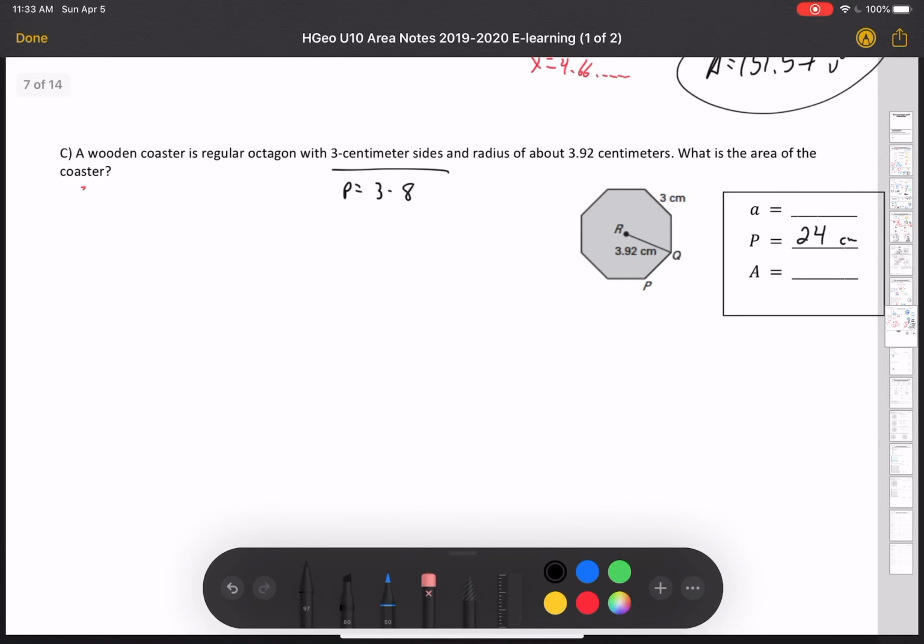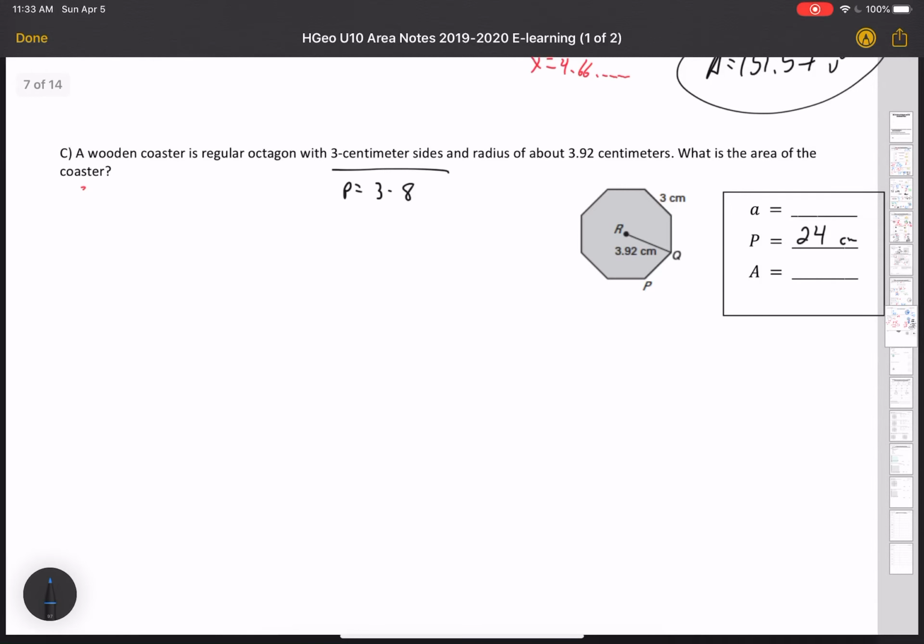Now we have to find the apothem, and the apothem is going to be a little bit of work. This is going to be really important to know how to do. If you've got the radius and the side length, how are you going to find the apothem? So remember, this whole side length is 3. If I drop the apothem, that's going to cut the side length of 3 in half. I always recommend drawing a simpler diagram. Here's my apothem. I know that the radius is 3.92.